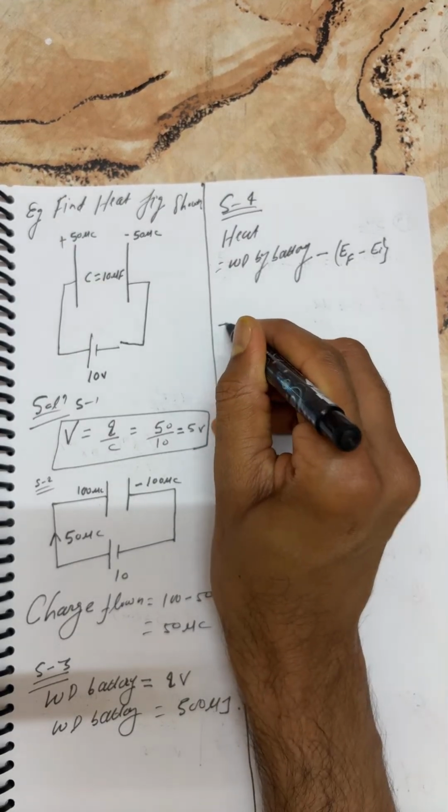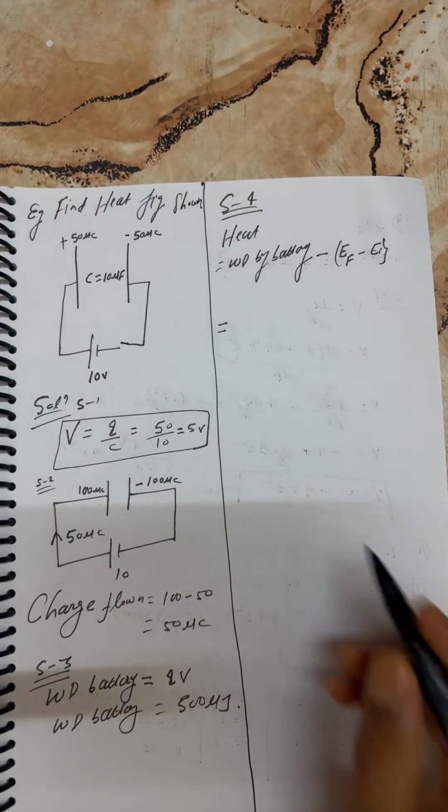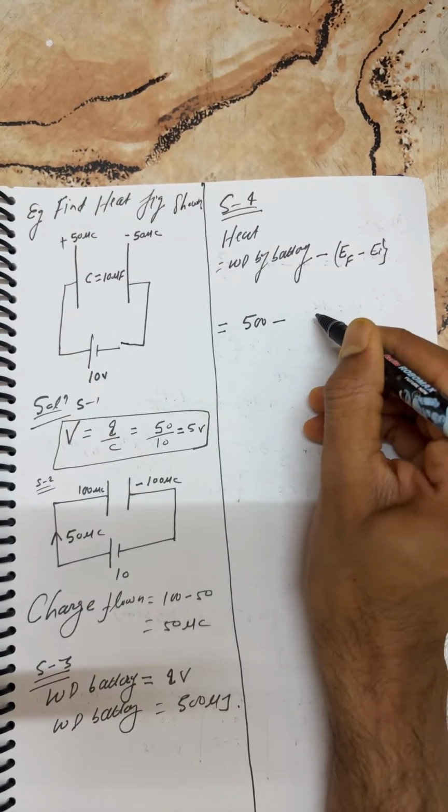So what is work done by battery here? We already found, which is equal to 500, kids. So we can say 500 minus here.